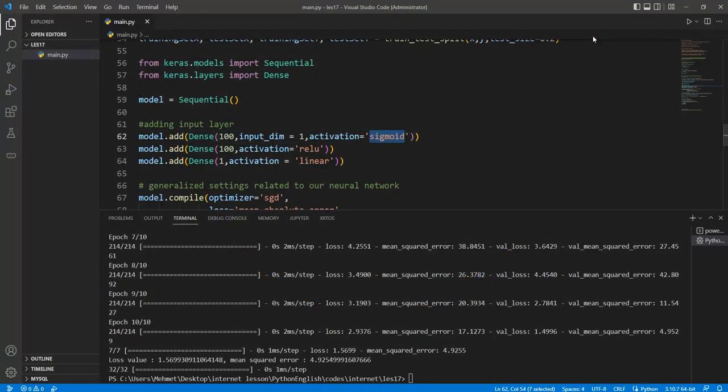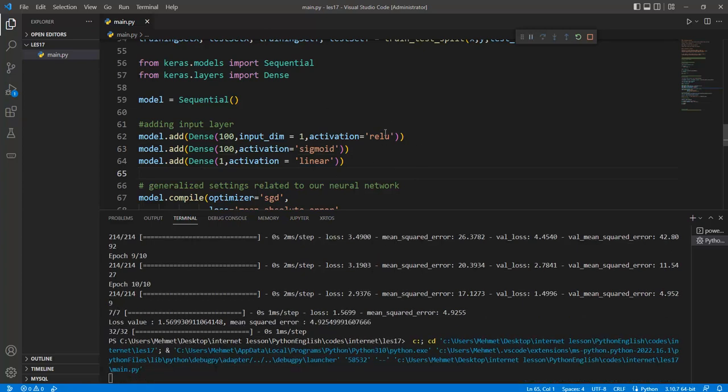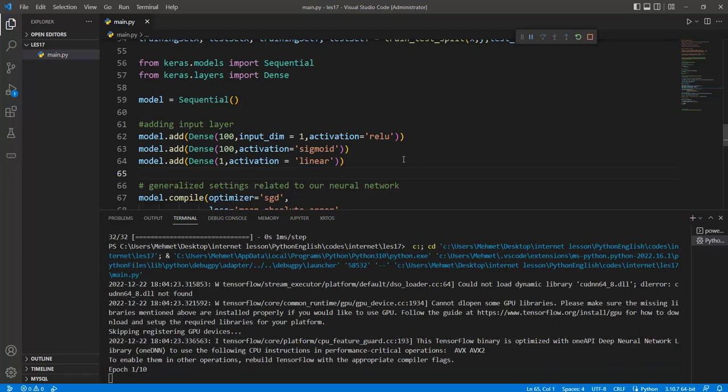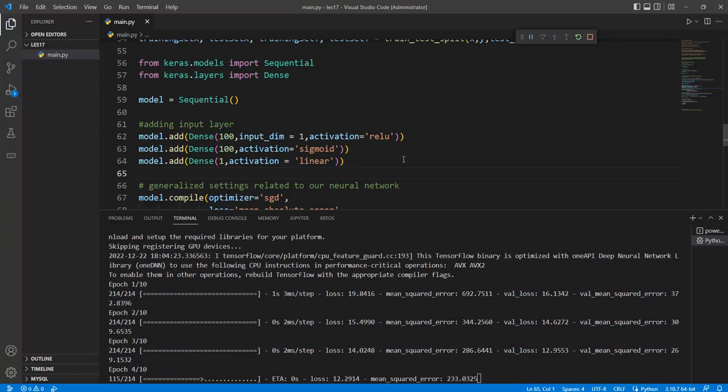Then we can change the activation functions in reverse order: the first layer has relu and the second layer is the sigmoid. How does the output change with these updates?